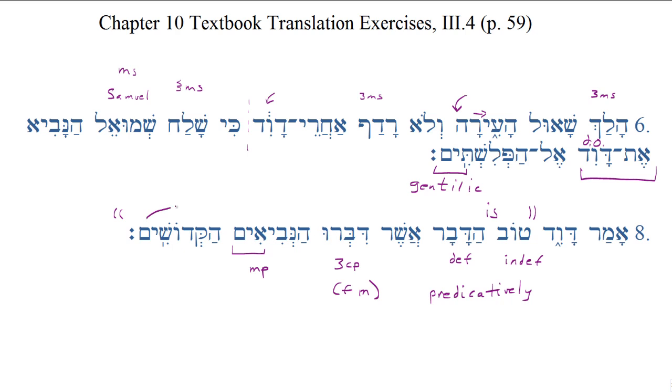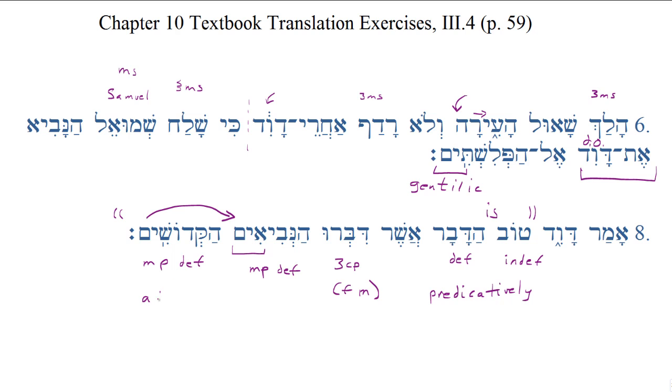So we have the prophets spoke, and then we have an adjective here that potentially relates back to haniviim, and we would expect it to, just because of the way the sentence is structured, but we need to make sure that everything matches. And so we have haniviim is masculine plural and definite because of its definite article, and then kadoshim is also masculine plural, notice the im ending, and there's a definite article, so it's also definite.